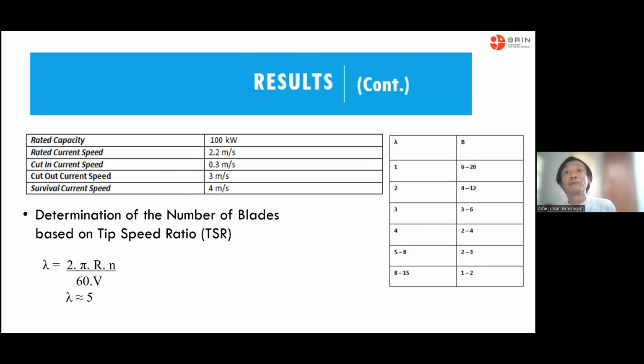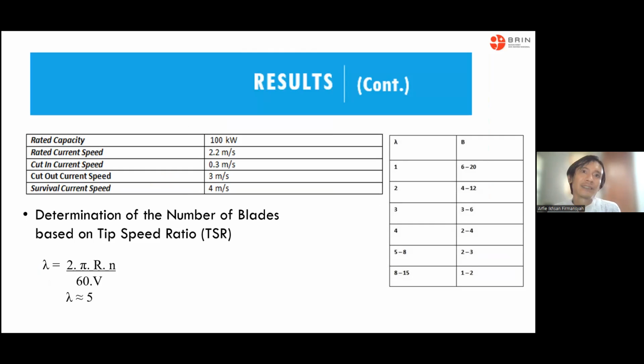After the parameters are verified, the design parameters are decided. They consist of the rated capacity, rated cut-in, cut-out, and available current speed for the design of the ocean current turbine. A horizontal axis turbine has been chosen for Ralantuka Street due to the rated capacity and condition of the site.